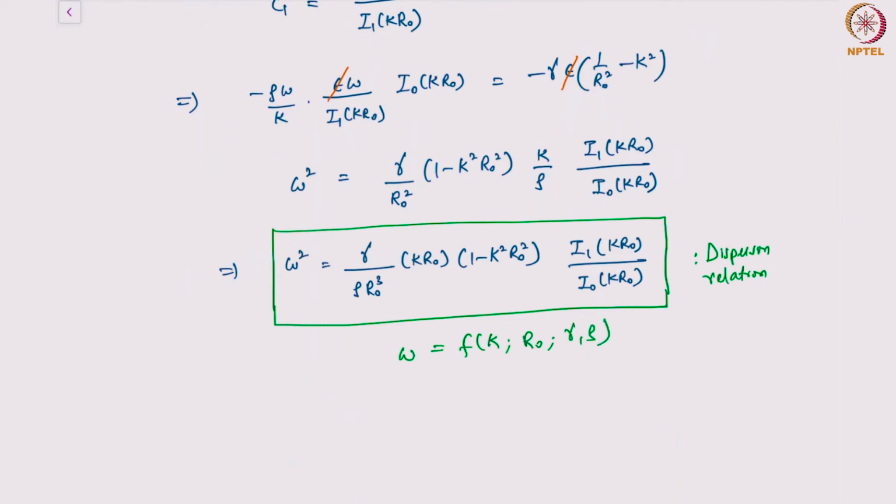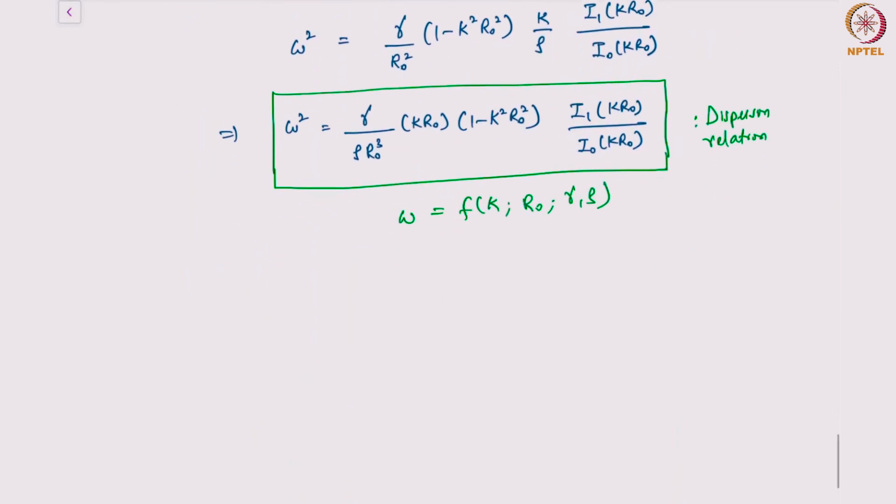So if I specify a filament of radius r naught, and tell what the filament is made of, what the liquid is, meaning its surface tension and density, then I can calculate the growth rate omega as a function of k. Alright. So we can also calculate the wave speed, or maybe we'll just come to this after analyzing this dispersion relation.